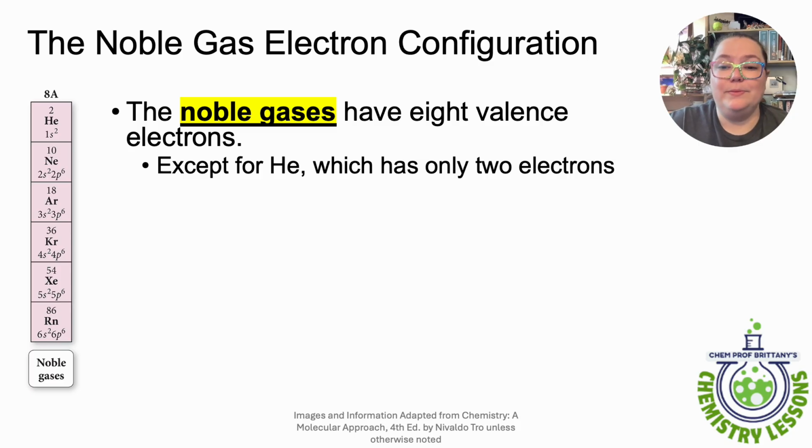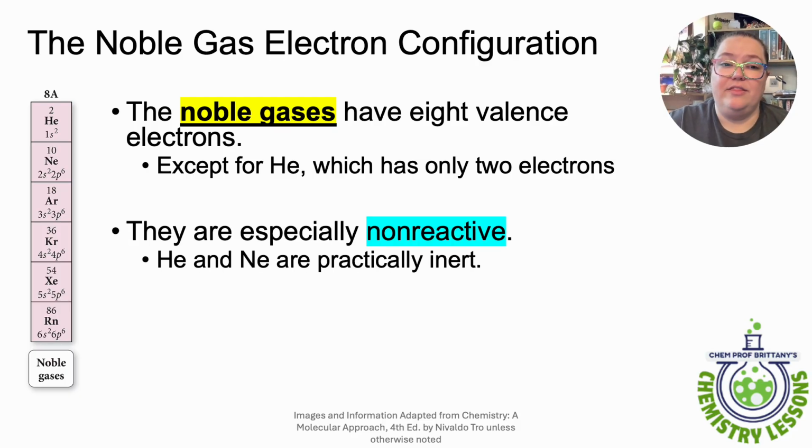So, for example, our noble gases all have 8 valence electrons, which we can see here. 2 plus 6, that's a total of 8, except for helium, which only has 2. Because that valence shell is full, they are fairly non-reactive, and helium and neon are pretty much inert, reacting with nothing, right?